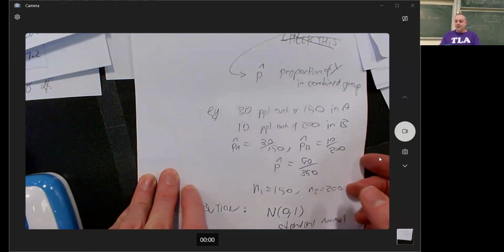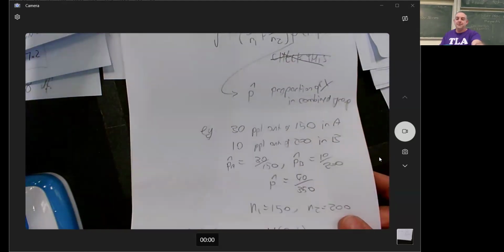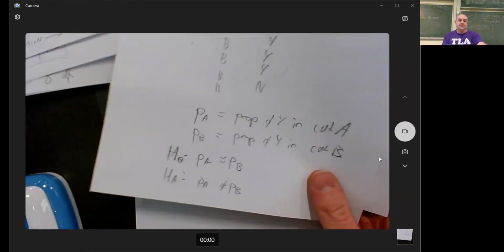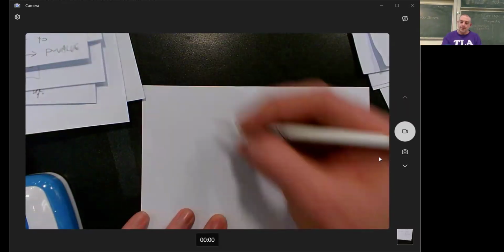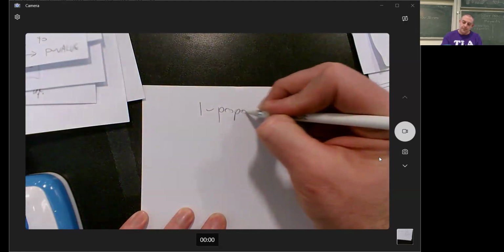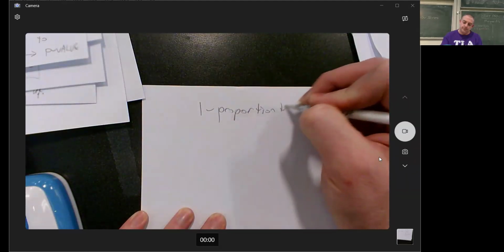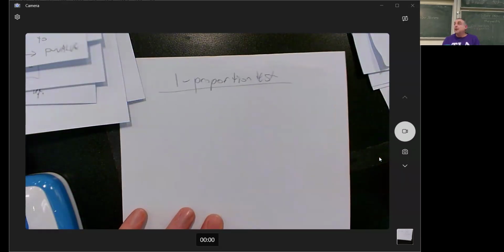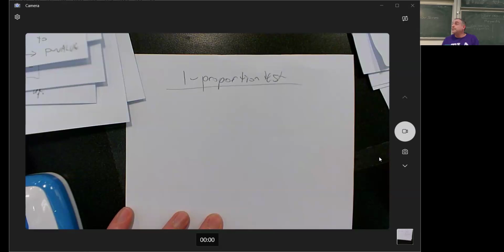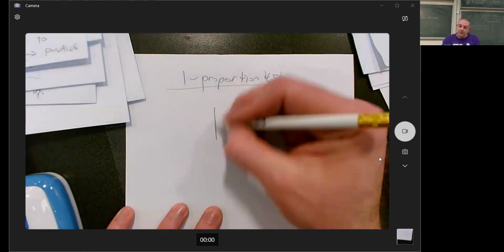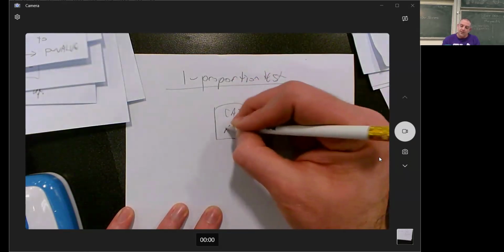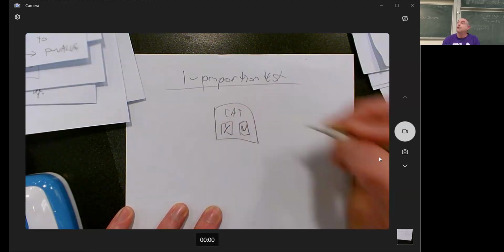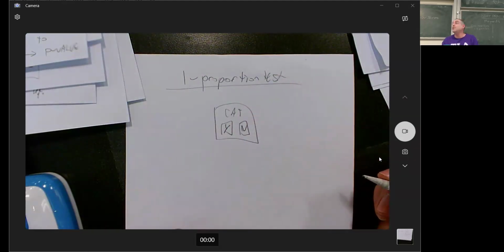Now you did ask, so I have one page left. What about the one proportion test? In a one proportion test, you don't have two variables, you've only got one. And the category is like yes and no. And that's the information you have about each individual person.